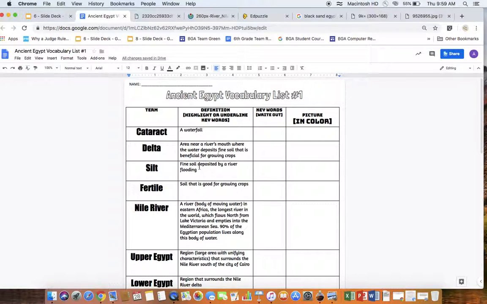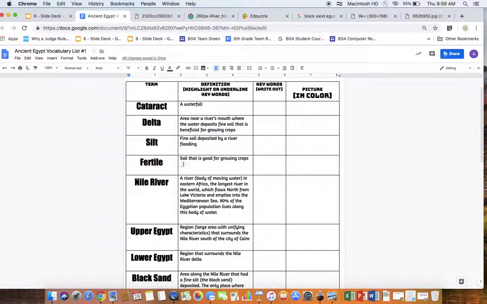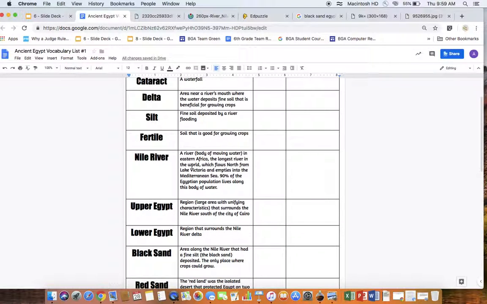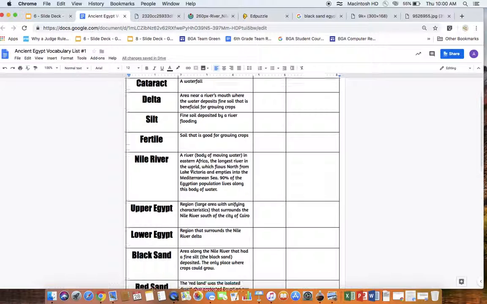This silt is very high in nutrients and good for growing food. Next one is fertile, a word you've probably seen before, which is soil that is good for growing crops. For instance, black sand is very good for growing crops, and this silt has lots of nutrients, things like nitrogen, that are very good for agriculture.